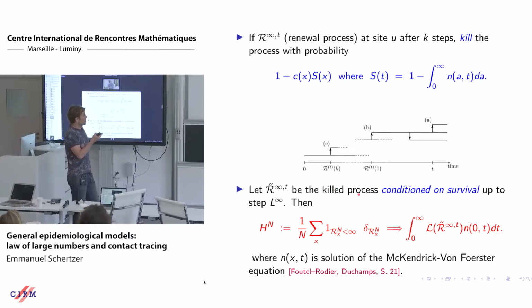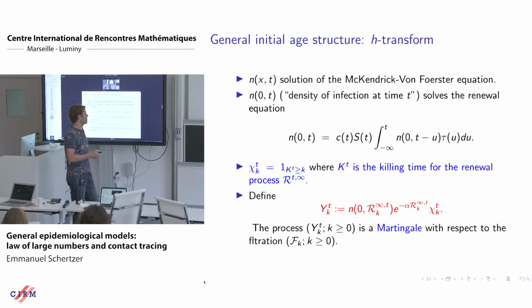So again, I started by stating this result from a very special initial condition. You can generalize that, but it's just a bit more cumbersome to describe what the result is. Again, we take the same renewal process and we kill it exactly the same way.